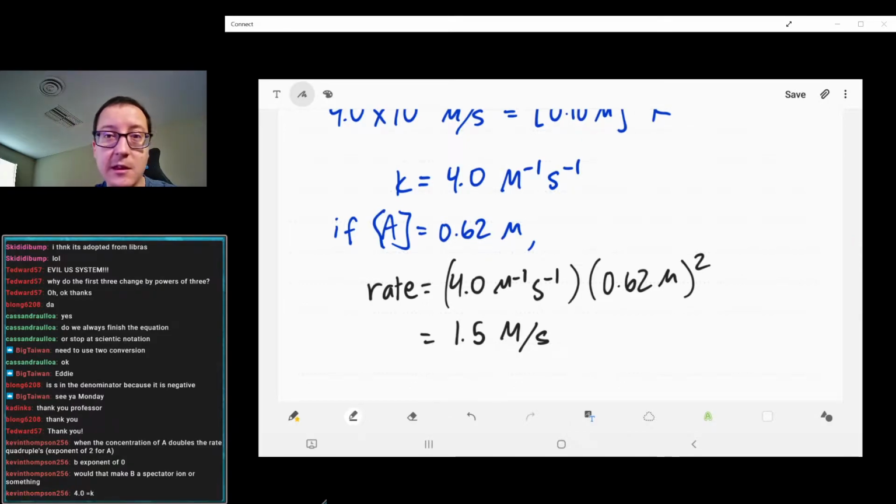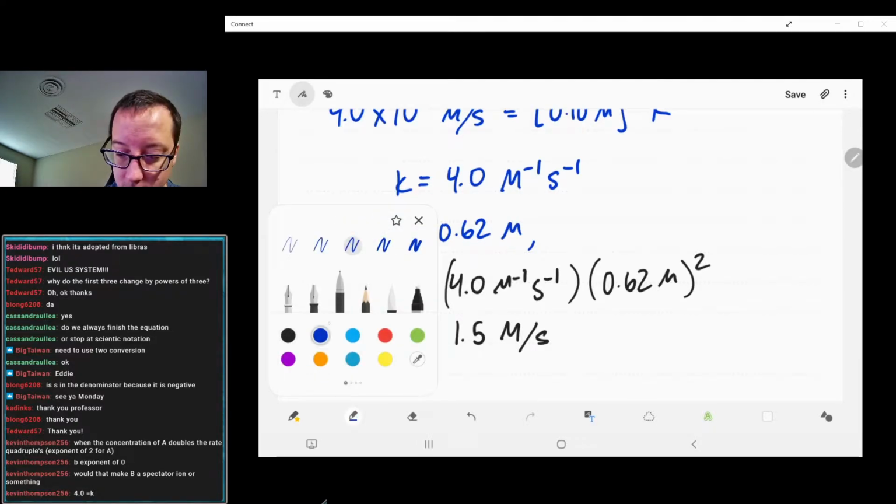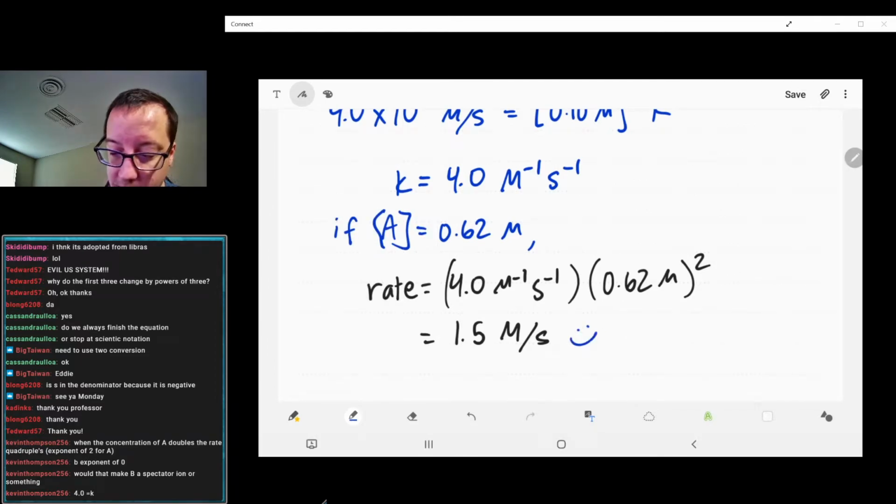So this is a reasonable answer, right? We would definitely not expect it to go down or something. That's a hint that we've done something wrong. It's always a good idea to check the reasonability of your answers.